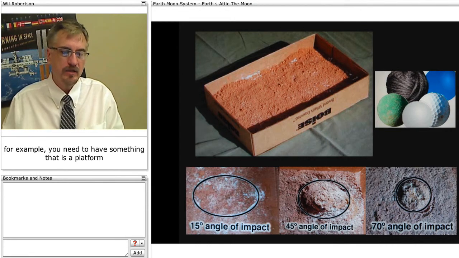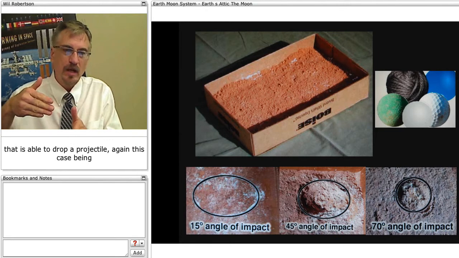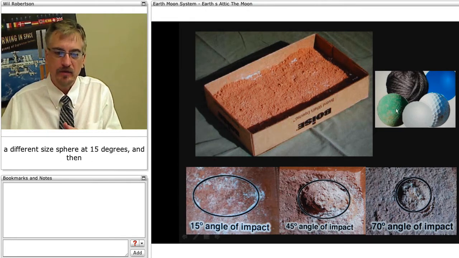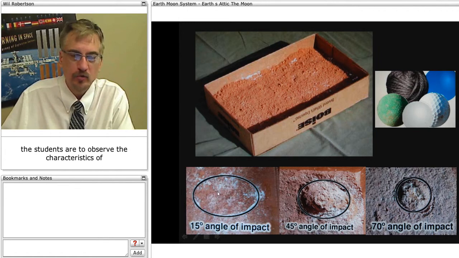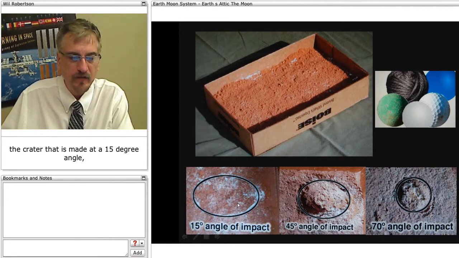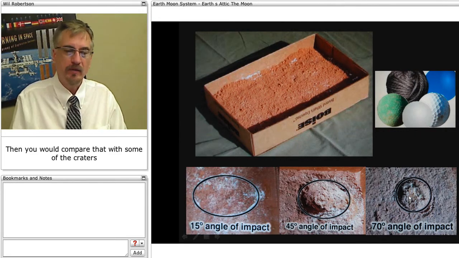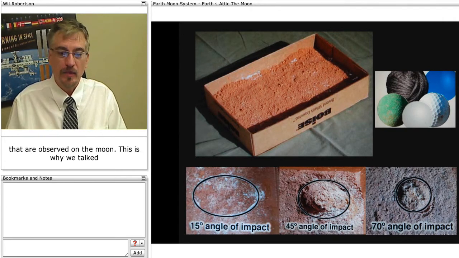For example, you need to have something that is a platform that is able to drop a projectile, in this case a different size sphere, at 15 degrees, and then the students are to observe the characteristics of the crater that is made at a 15-degree angle, and then again at a 45-degree angle, and then lastly a 70-degree angle, and then you would compare that with some of the craters that are observed on the moon.